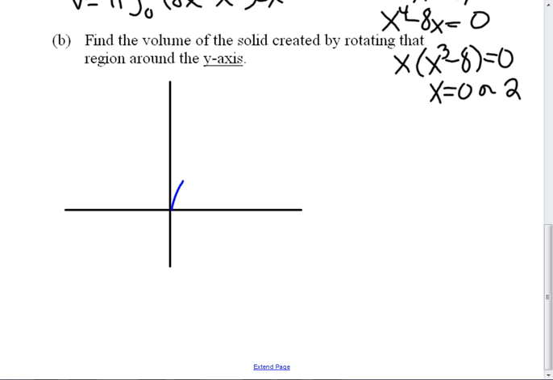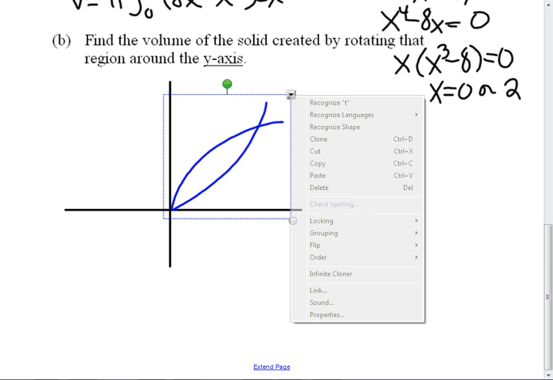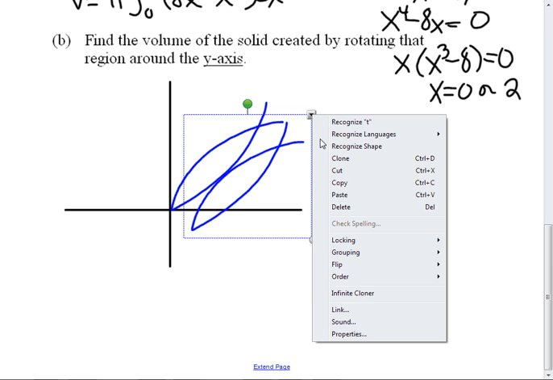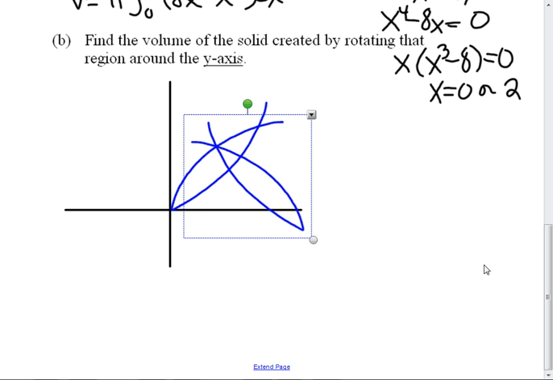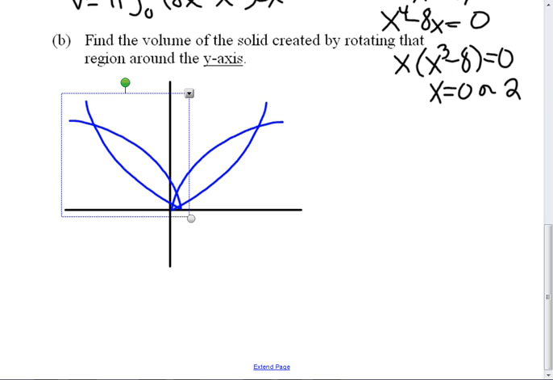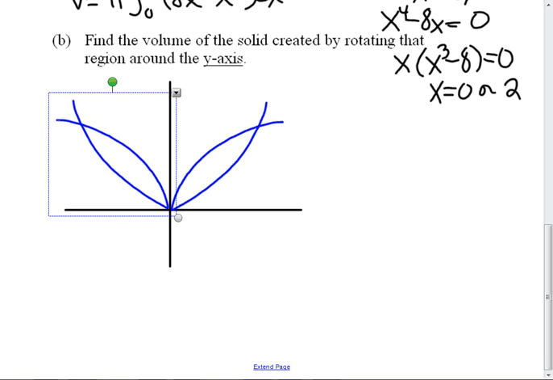So I'm going to take this curve and this curve, and I'm going to flip it. I like the art part. And now, more butterfly wings.